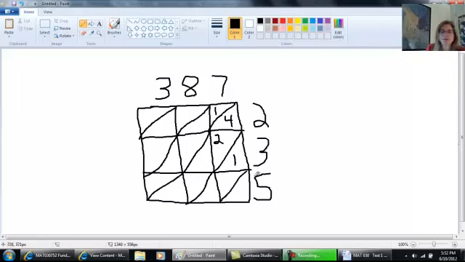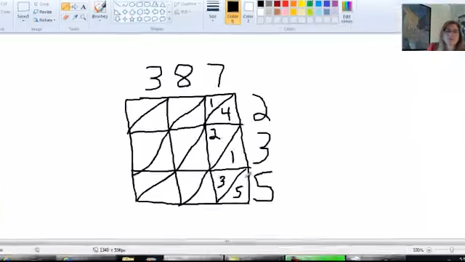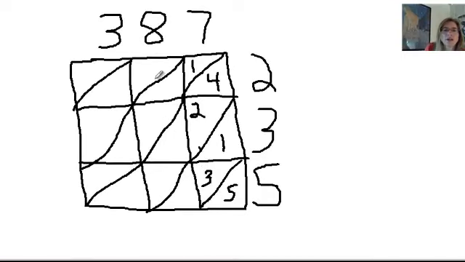So 7 times 5 is 35. Then we're going to go 8 times, well, let's start up here just like we did before. 8 times 2 is 16. 8 times 3 is 24. 8 times 5 is 40.